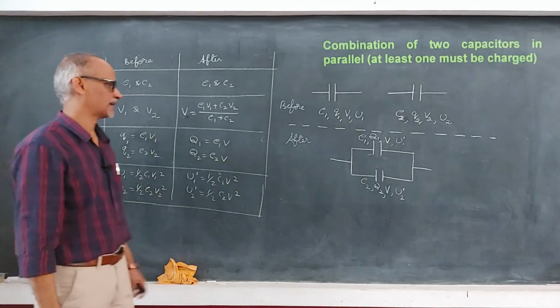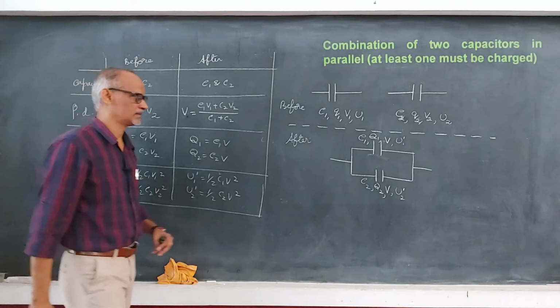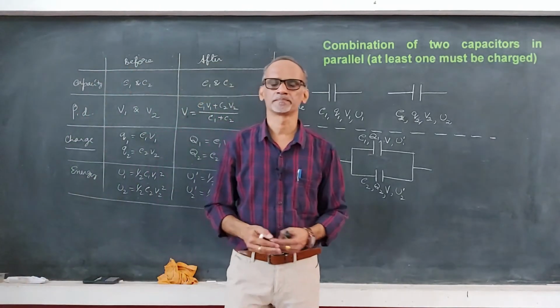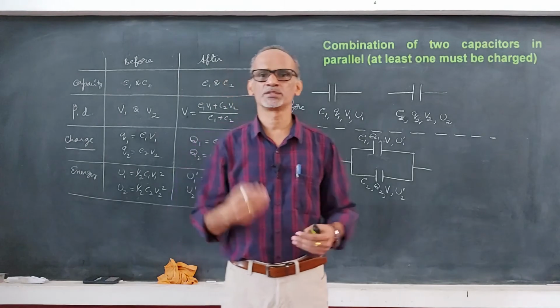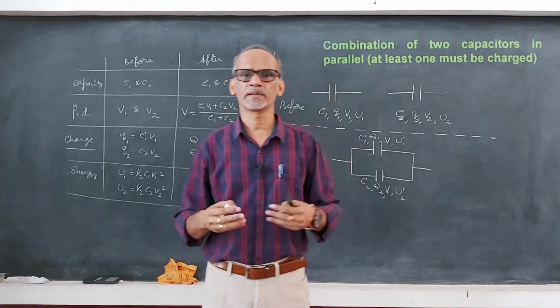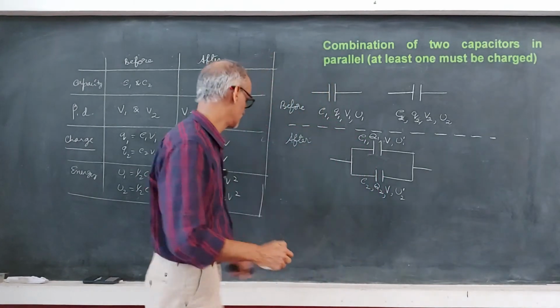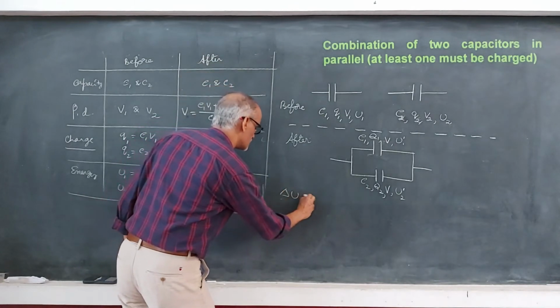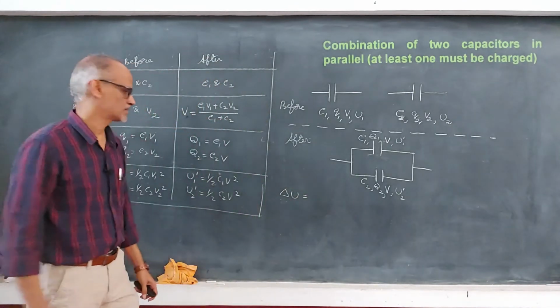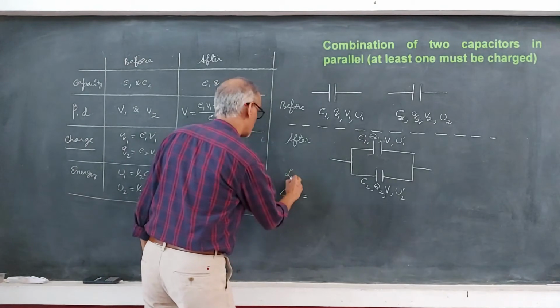Then the total energy before and the total energy after will not remain the same, because during the sharing of the charges part of the energy is lost in the form of heat. So therefore, the loss of energy is given by delta U. This is the formula for loss of energy.